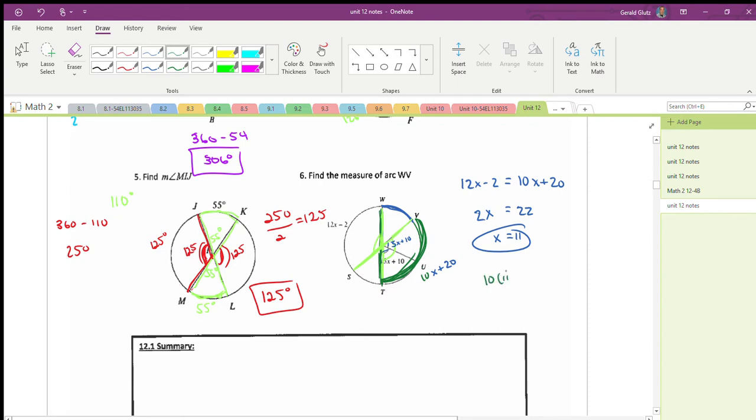So 10 times 11 plus 20 is 110 plus 20, which is 130. So this arc, this green arc, is 130. This all has to add up to 180 from W to T, so WV has to be 50 degrees. And that's going to be it for the notes.